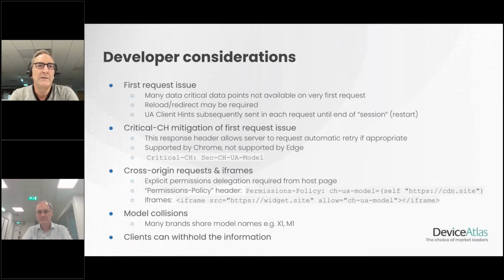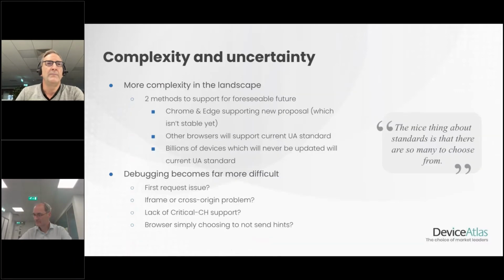And finally, clients can simply choose to withhold the information. This proposal, in effect, creates a new configuration point that browsers will probably let users configure. So there may be clients that choose to withhold the information, even if they support the proposal, I should say, not the standard. So this all leads to quite a bit of complexity and uncertainty.